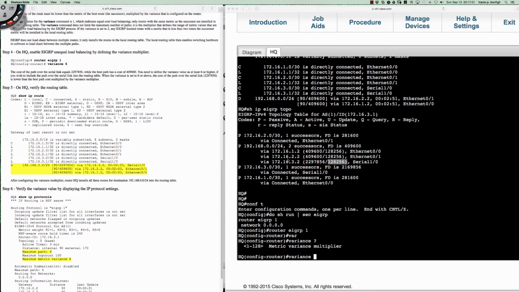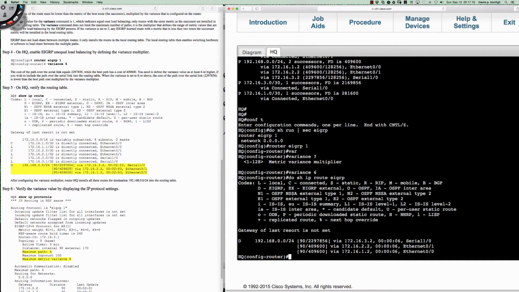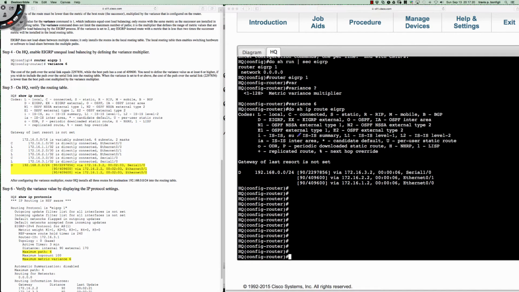Okay, so let's go ahead and clear that out. And we're going to take a look here, and we're going to go ahead and set the variance right now. So I said variance, and we'll say 6. And now when we say do show ip route eigrp, you can see that that's the only EIGRP learned route. But now how many routes are we load balancing across?